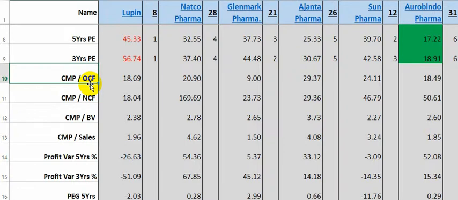There are three types of activities in a business: operating activity, investing activity, and financing activity. When we look at the cash flow statement, we see these three breakups. Out of that, for this analysis we are just considering the first one, which is the operating cash, or cash coming in through the operations of the business.